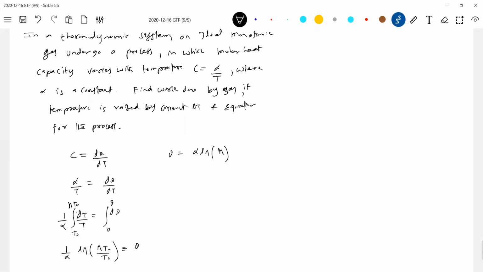By some amount I'm varying it. Sir, it won't be 1 by alpha, it will be alpha. Oh, here are some changes.